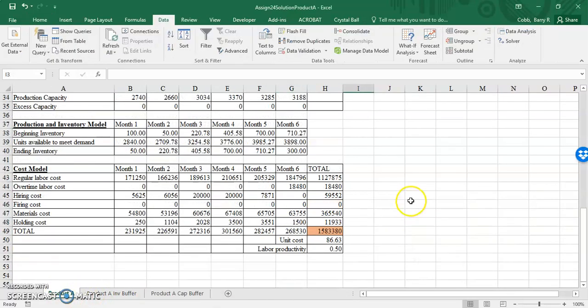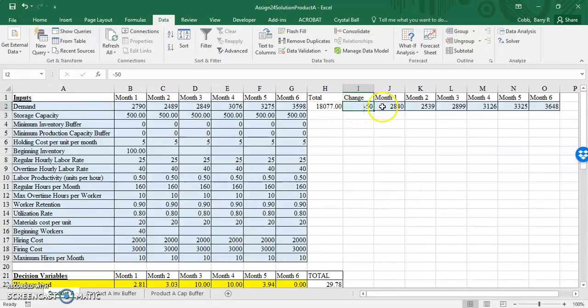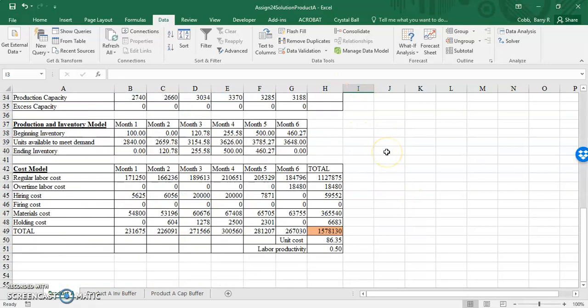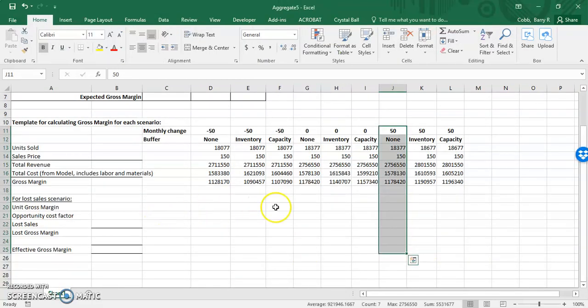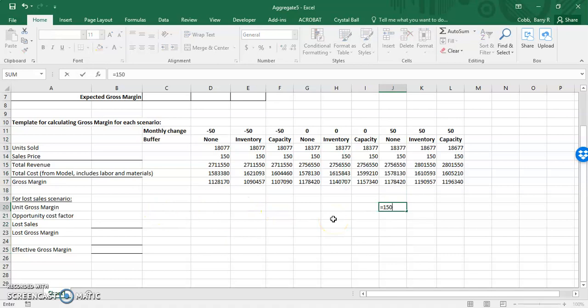If we look at our original model and look at the original sales, our unit cost was $86.35. So our unit gross margin is $150 minus $86.35.